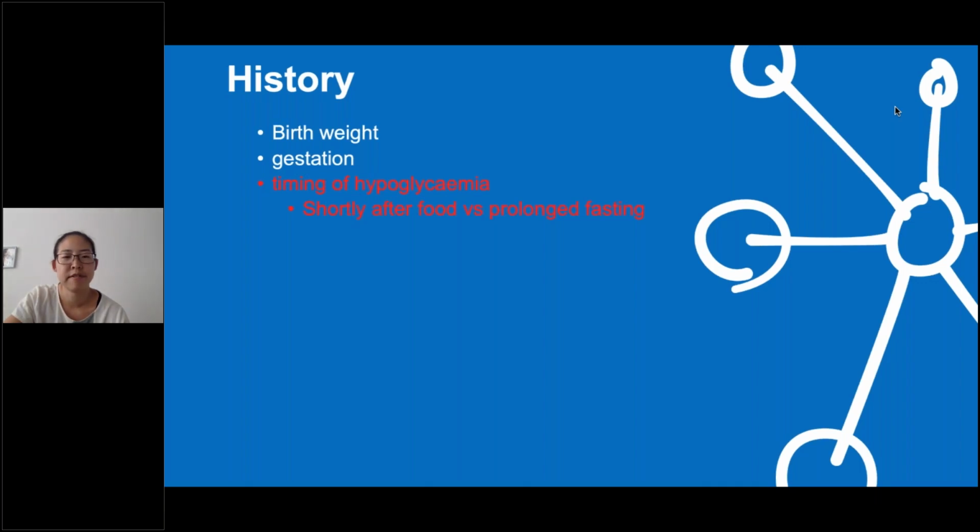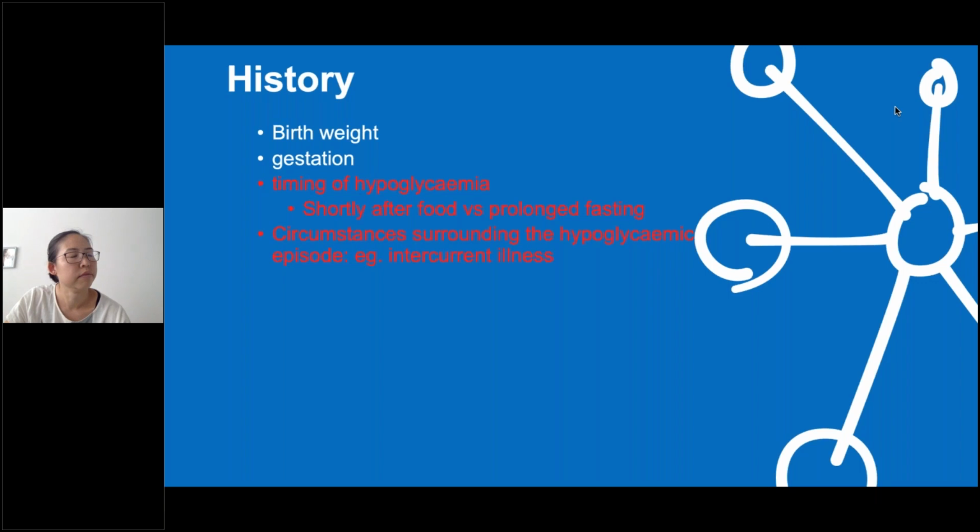Did it happen after you ate? Did it happen a short period of time after you've eaten? Or is this after a prolonged fast? So the timing of the hypoglycemia is really important. And the circumstances surrounding hypoglycemic episodes are also really important, for example, if there's intercurrent illness.